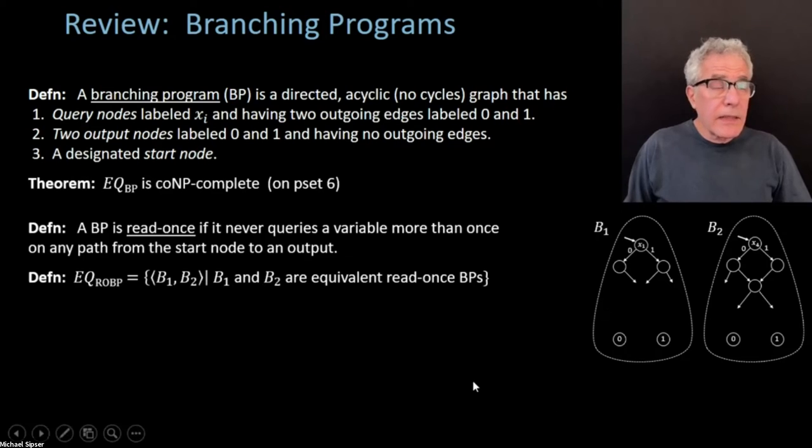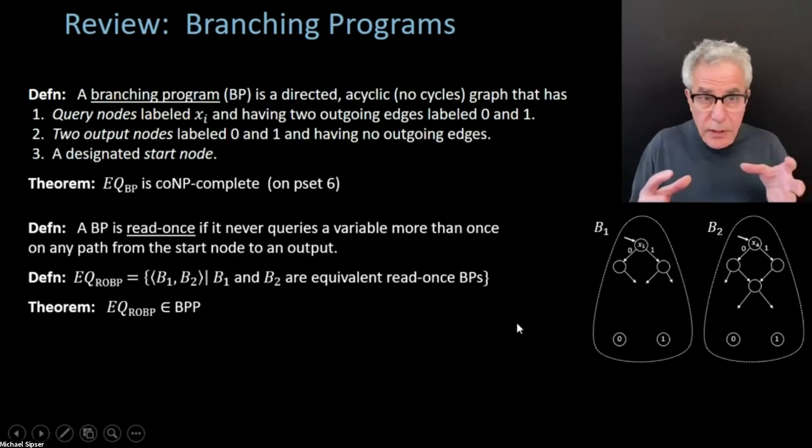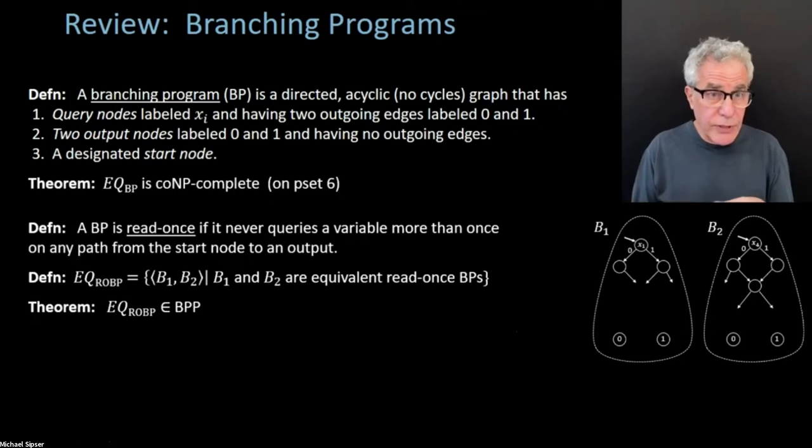And then the situation for testing equivalence seems to be different. In fact, we can give a BPP algorithm for testing the equivalence of read once branching programs, even though such a thing is unlikely to be the case for general branching programs because of the co-NP completeness. Okay, so I hope you're comfortable and with me on all of that reasoning.